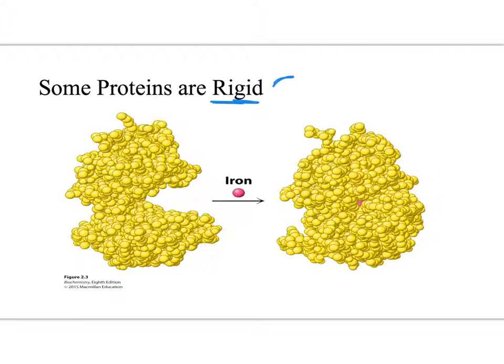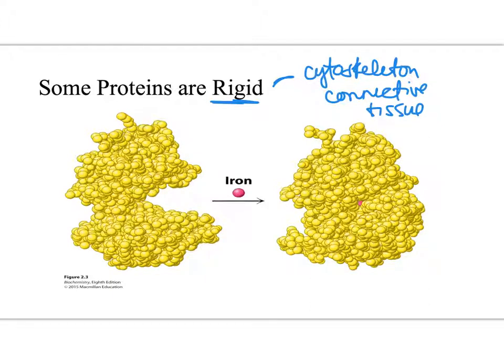And so the rigid proteins are going to be present in the cytoskeleton or connective tissue. Okay, these are structural elements.